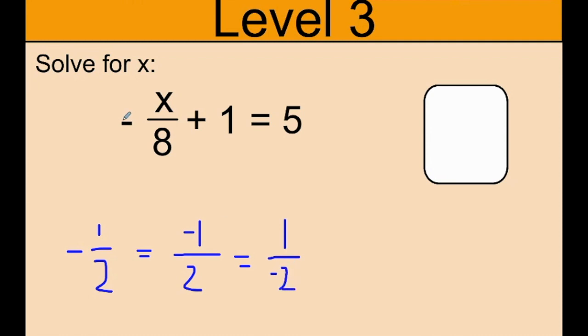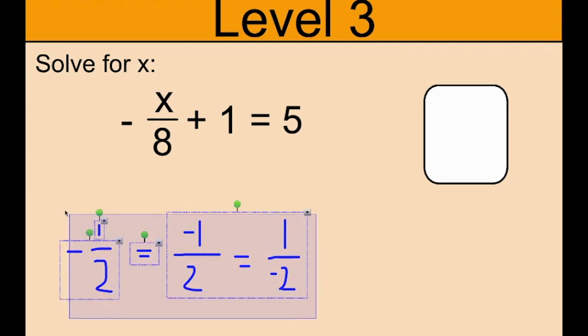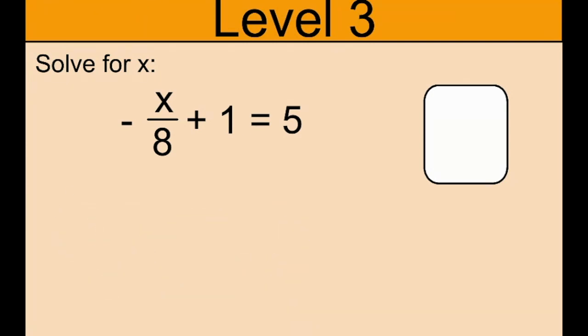In other words, when you have a negative right in front of a fraction, you can either put it on top or on the bottom, but not in both places. This is a negative fraction, so it only has one negative sign somewhere. So my trick to this kind of question is to move that negative sign from being right here and tack it down with the 8.